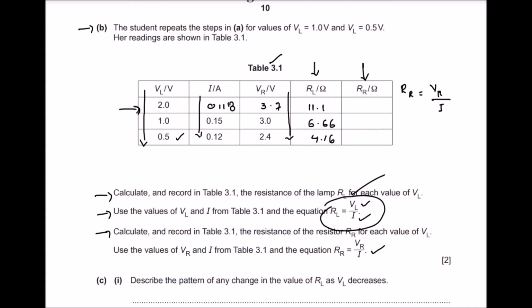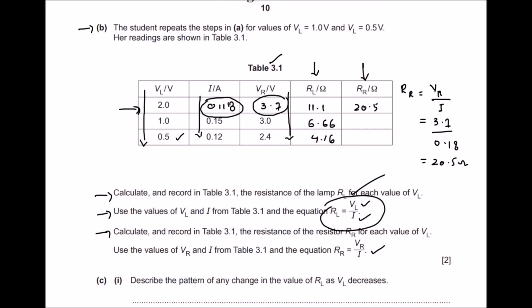For the first observation, this is the voltage 3.7 divided by the current 0.18. When you divide 3.7 by 0.18, you get 20.5 ohms. So you can write here 20.5.